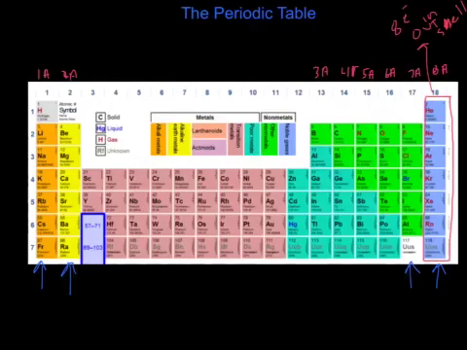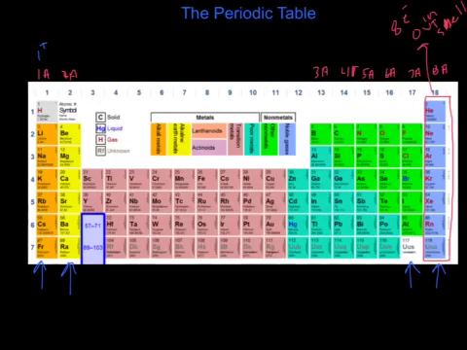Well, if we work from 1A group to 7A group, those are going to be the most commonly bonded groups. 1A has 1 valence electron, so that has a positive 1 charge.